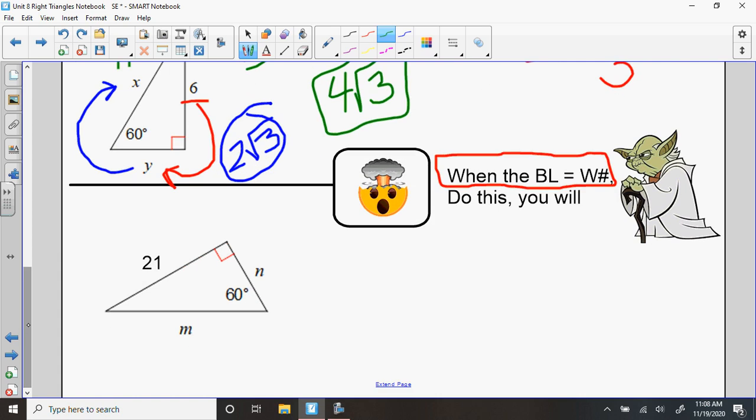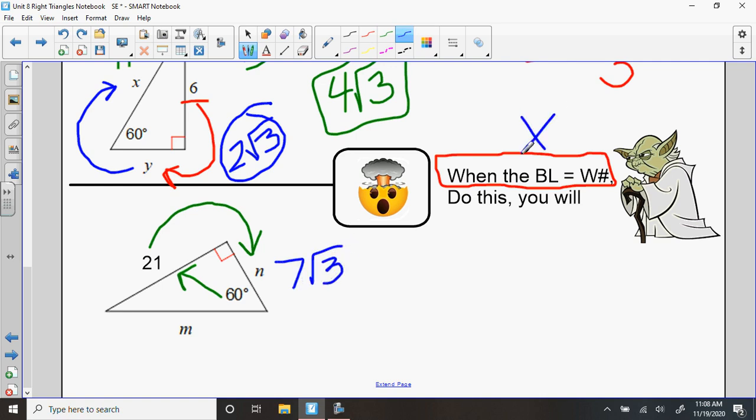Let's do it again. Here's a big leg because it's across from the 60. It's the 21. It's a whole number. How do I get it? The little leg is divided by 3, give it a radical 3. This is now going to be 7 radical 3.